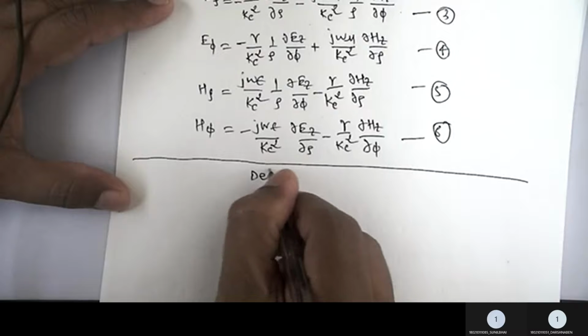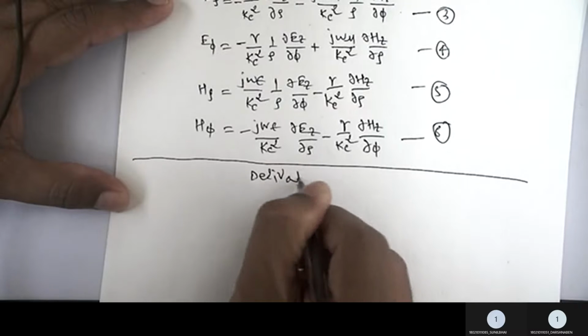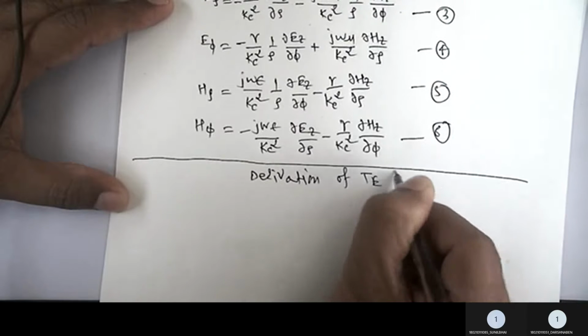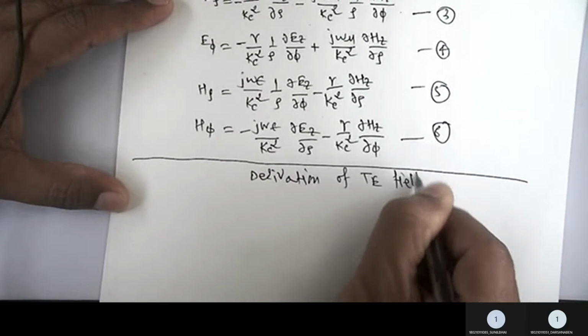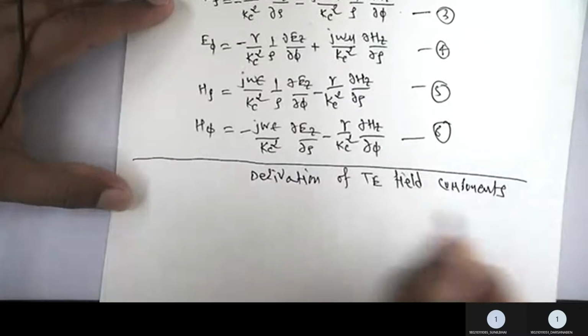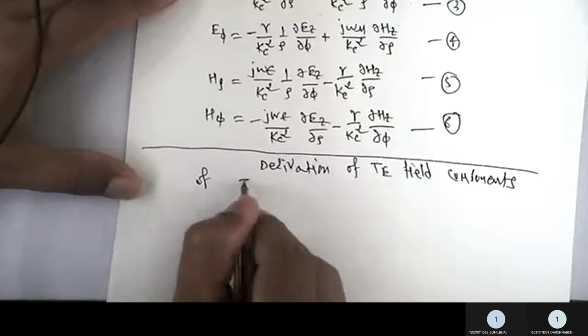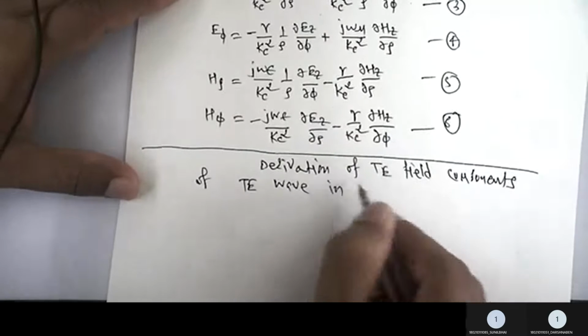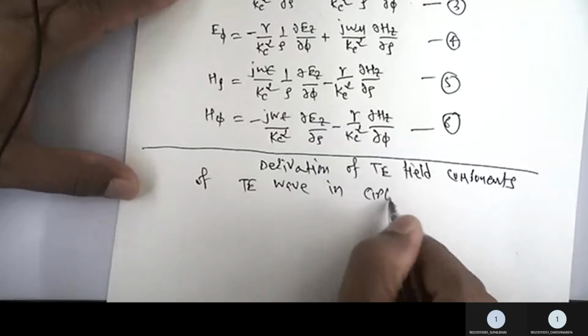So first of all we will try to see the derivation part: derivation of TE field components of a TE wave in a circular waveguide.